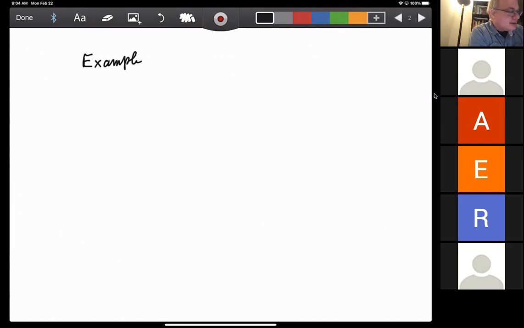Okay, so here's an example of a matrix: 1, 2, 3, 4. That's a square matrix because it has the same number of rows and columns. The top row is 1, 2, the bottom row is 3, 4. Leftmost column is 1, 3. Rightmost column is entries 2, 4.